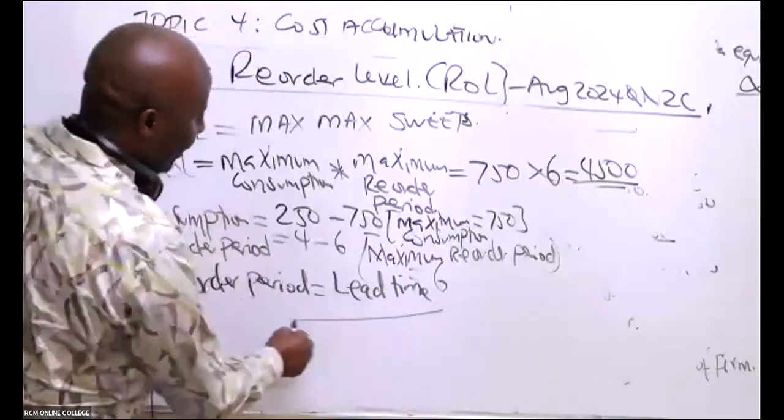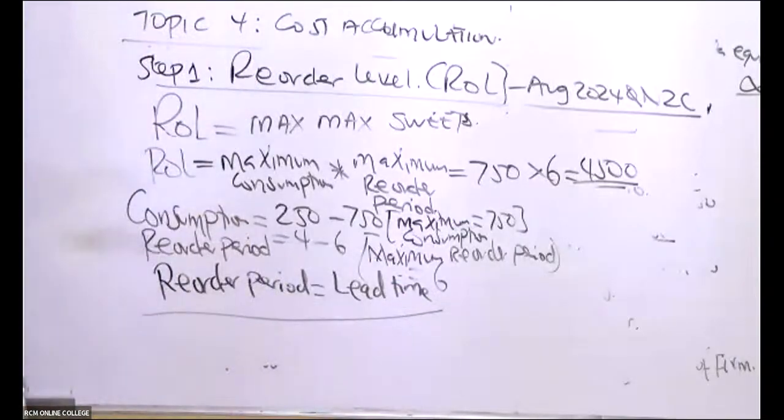Lead time. Lead time, the time between placement of an order and receipt of units. So reorder period is also known as the lead time. Thank you for asking that great question.